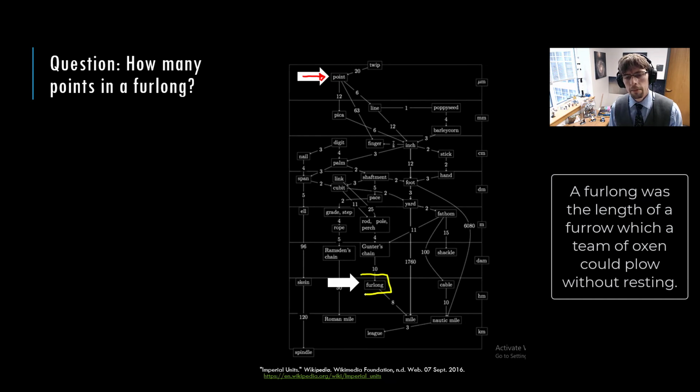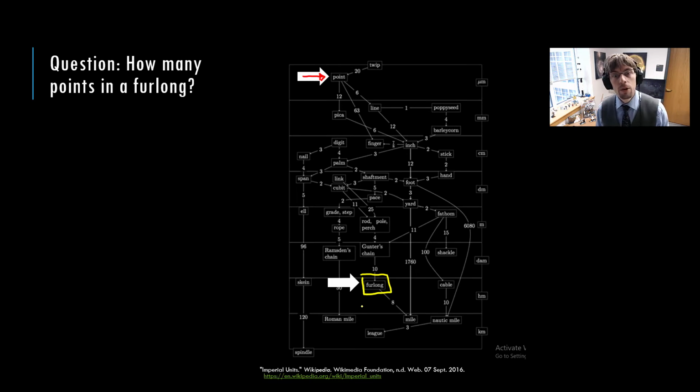at the bottom. And how you read this chart, this is telling you, for example, if you start at points, this chart tells you that there are 12 points in a pica. I start off with points, so I'll say 1 point, PT, is 12 picas.